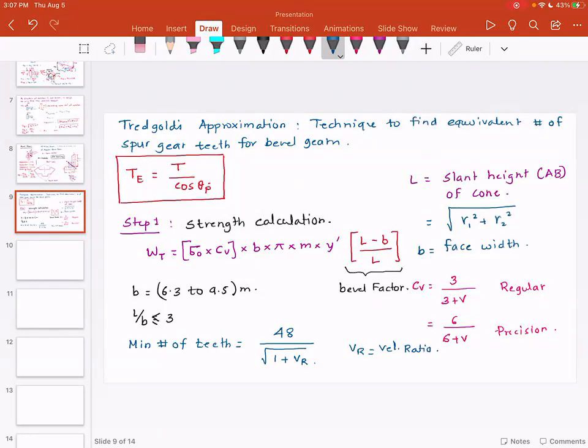So when we are trying to design a bevel gear, the first thing that we need to find out is the velocity ratio.